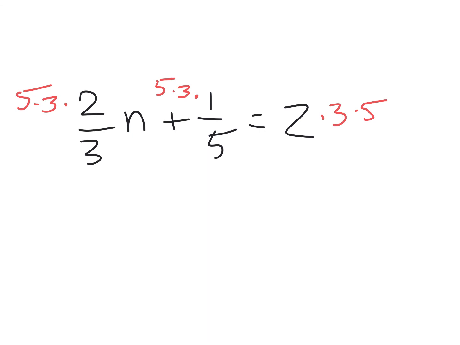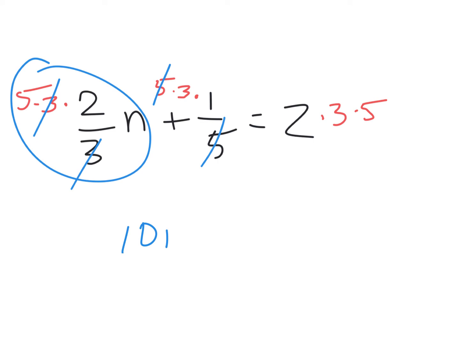But if I write it as 5 times 3, cancel, cancel, cancel, cancel. And then this is just 10n plus 3 equals 30, and isn't it easy from there? See how just one thing we multiplied by, granted it was kind of 2 things at once, but instead of 15, choosing 5 times 3, smart.